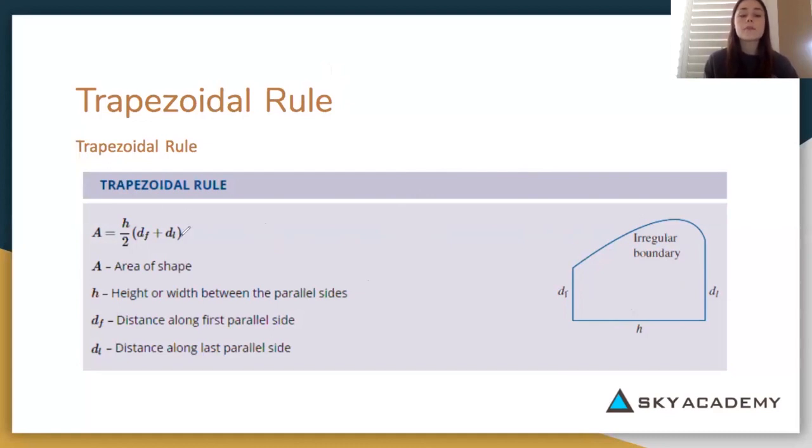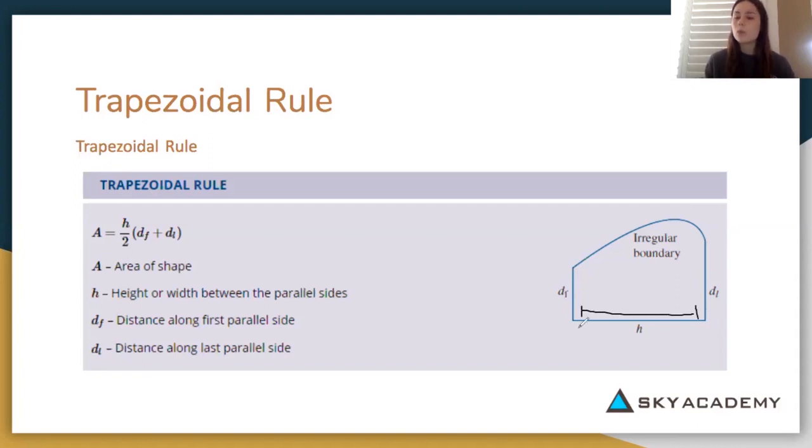So the formula for the trapezoidal rule is where A, the area, equals h on 2. So h is the width between the two sides, the distance between the two parallel heights. Then the distance of the first parallel side and the distance of the last parallel side.